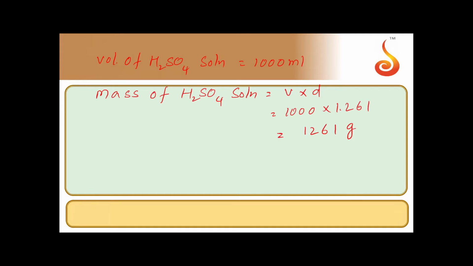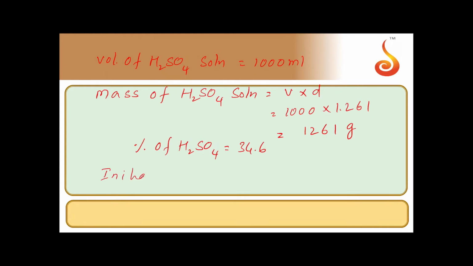Now we actually require how much sulfuric acid we have initially. That can be known from the mass percentage, which is given as 34.6.